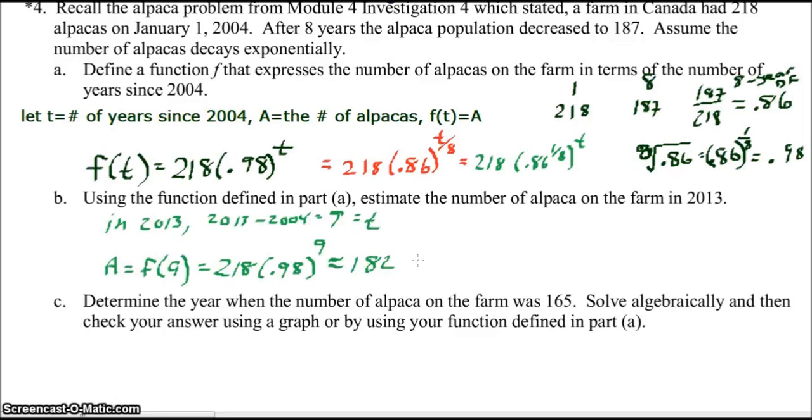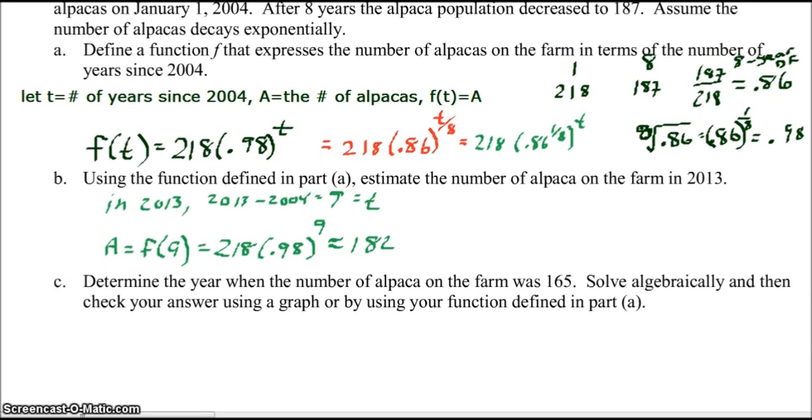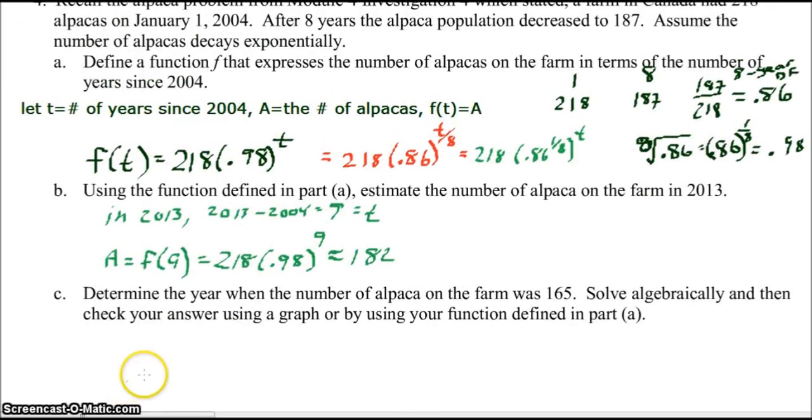Part C, determine the year when the number of alpacas was 165. Solve algebraically and then check your answer using a graph or by using your function defined in Part A. So, if we know the number of alpacas is 165, we have our function f of t, which tells us the number of alpacas.